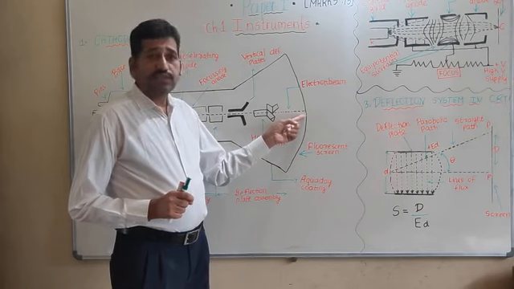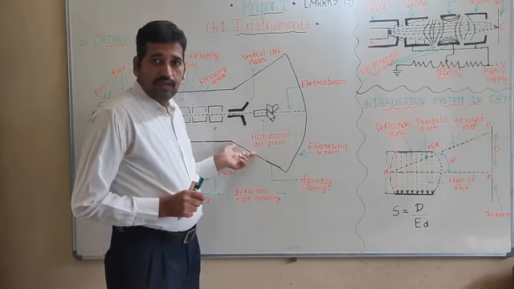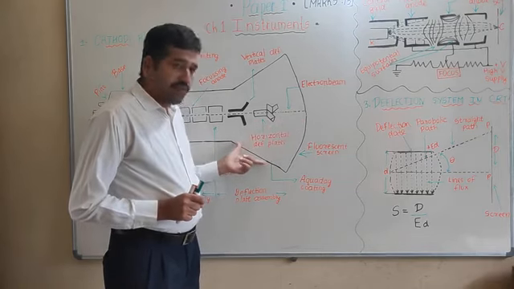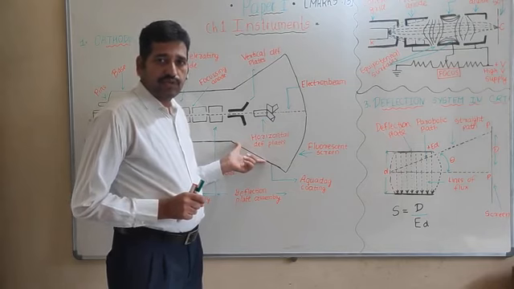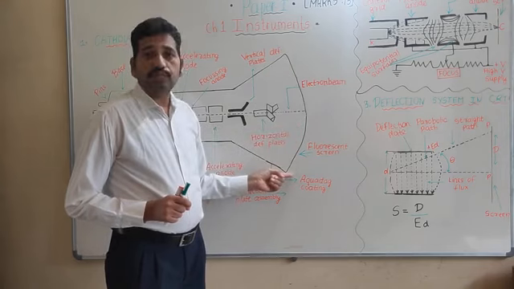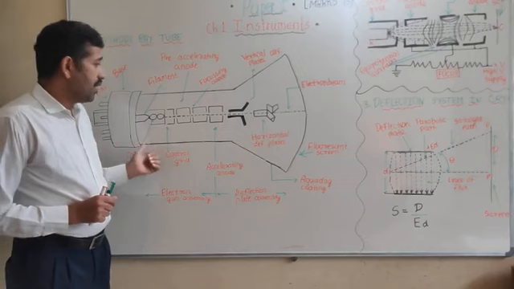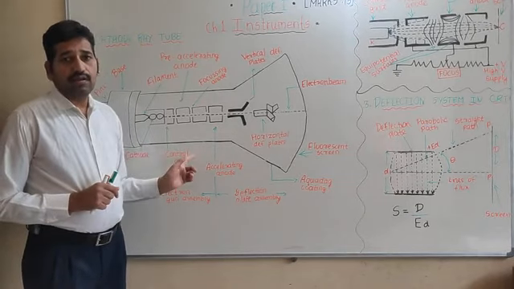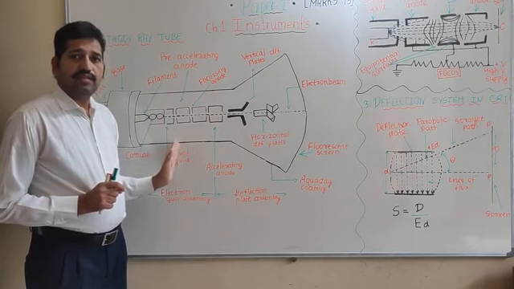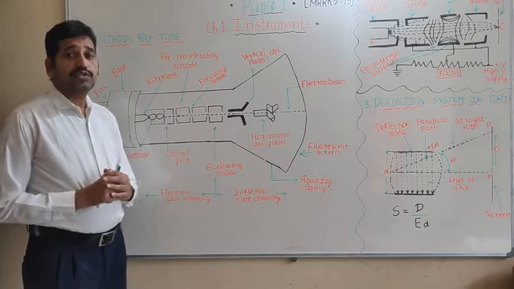When secondary emission electrons have to be retransmitted towards the screen, the graphite retransmits these electrons towards the screen so that the screen is brighter. In this way, we have studied all components of the CRT.